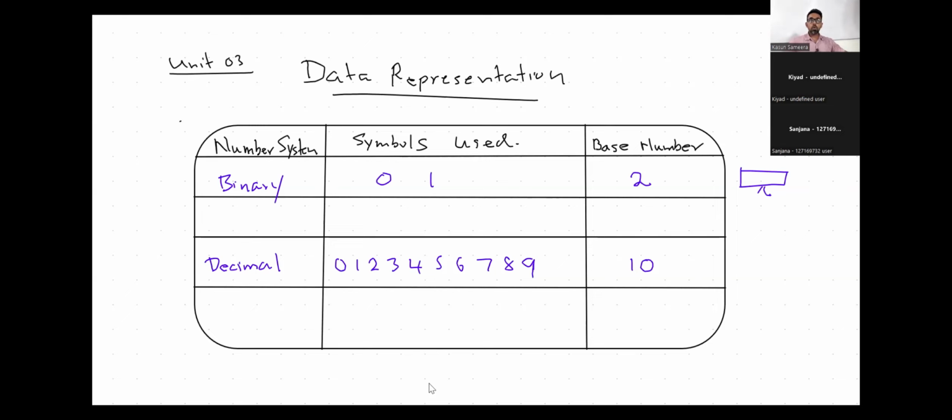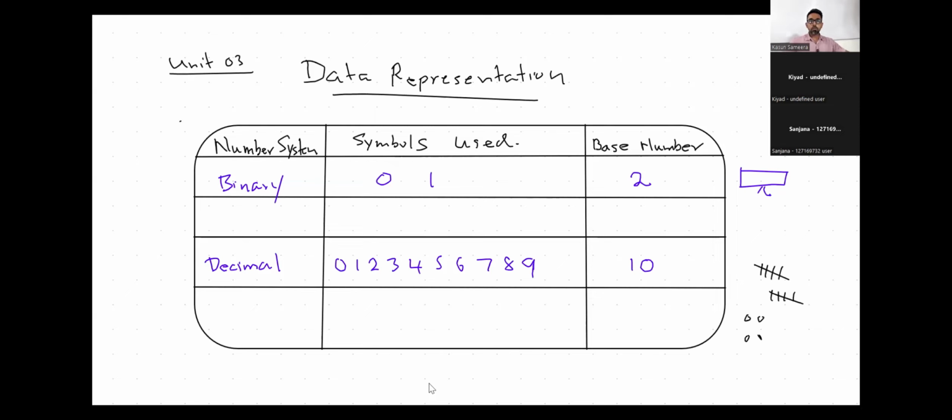Okay, a long time ago, people used some kind of stones to count stuff, to count the animals in their farms. They didn't have any number system. Then they used something like this: 1, 2, 3, 4, 5, 6, 7, 8, 9, 10. This is also a number system.